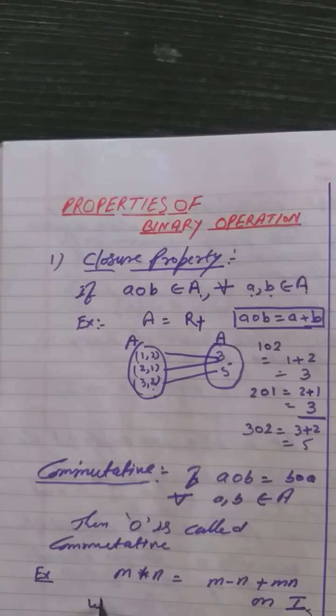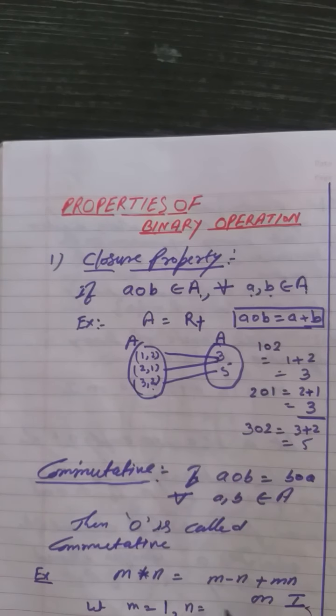Let m equal 1 and n equal 2. 1 star 2 equals 1 minus 2 plus 1 into 2, which is 1 minus 2 plus 2, equals 1.